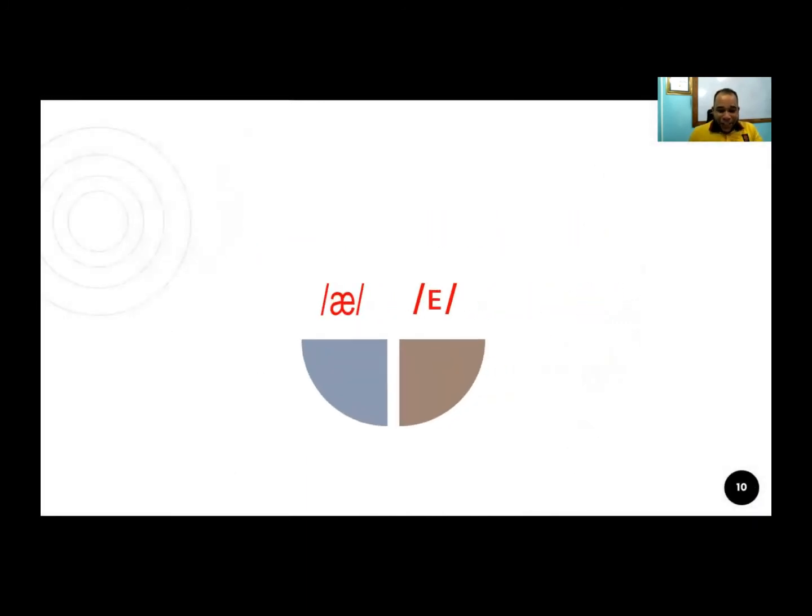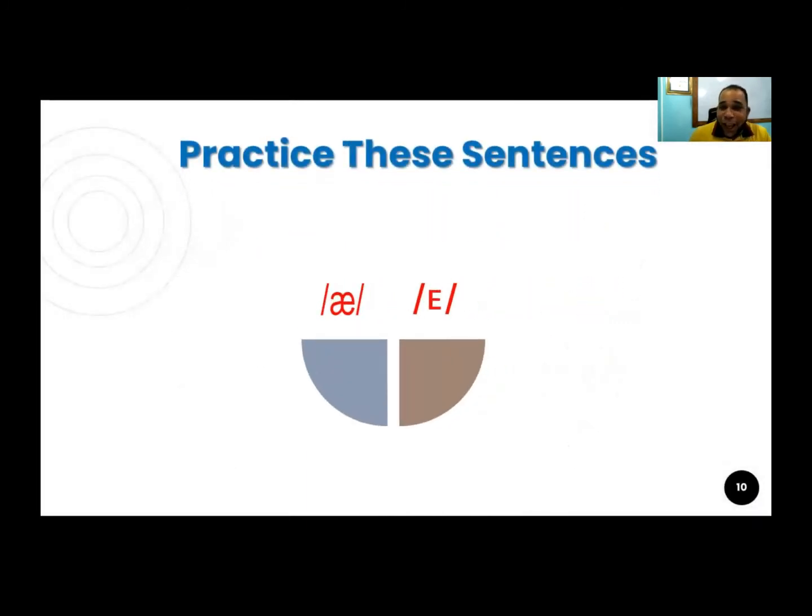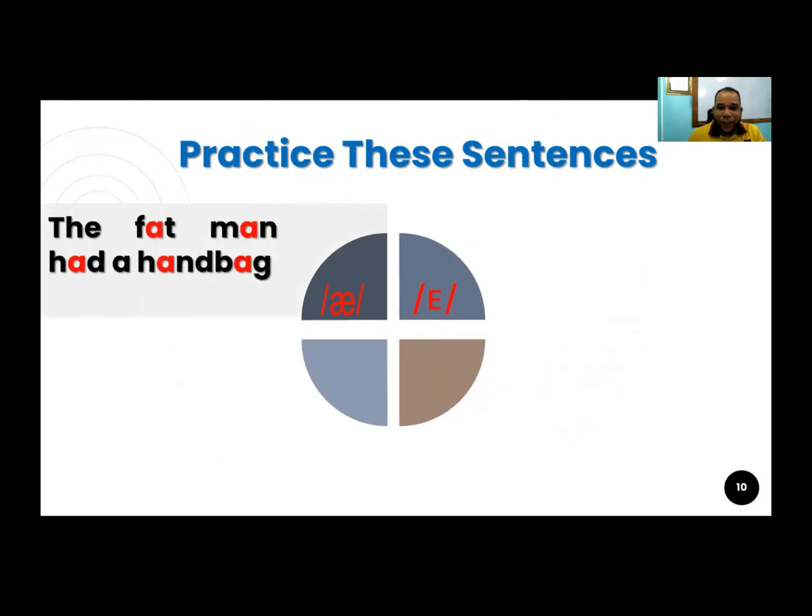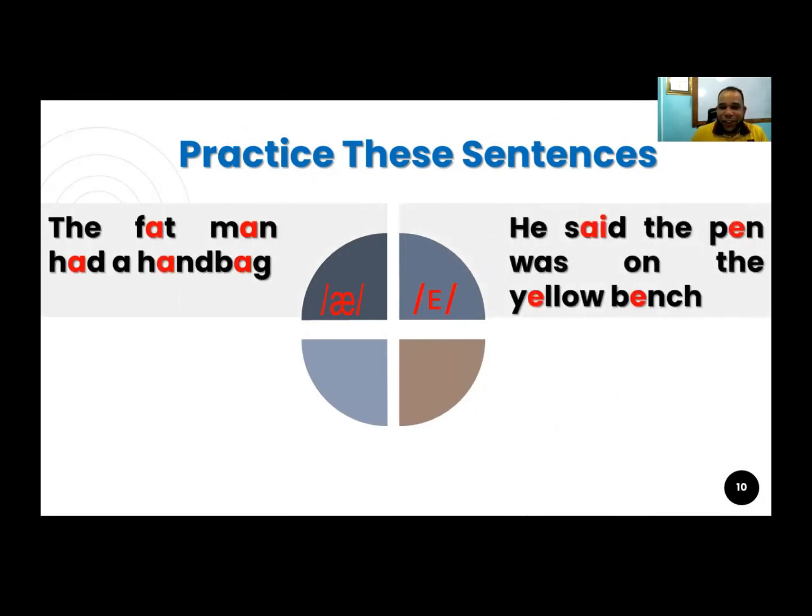Check this out. Here are other examples to practice some sentences. These are very, very interesting to me. Look at this example. The fat man had a handbag. Check this out now.